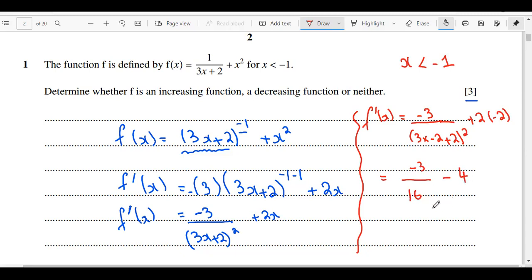Now this is certainly going to be negative, whatever value it is, less than 0. If your derivative is less than 0, what does that determine? It means that it would be a decreasing function. So this is going to be the answer.